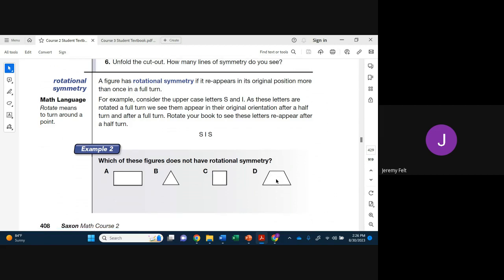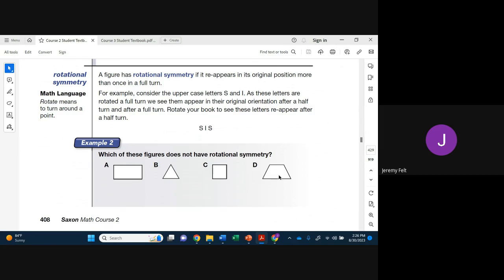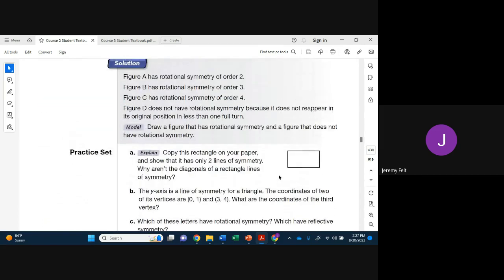And then D, I would say, is the only one that does not have rotational symmetry, because it's not until we get all the way back around that it looks like this. The shapes are obviously always going to look the same. It's just, is it in its original position? So A had 2, B had 3, and C had 4 for rotational symmetry. D was the only one that didn't have any.